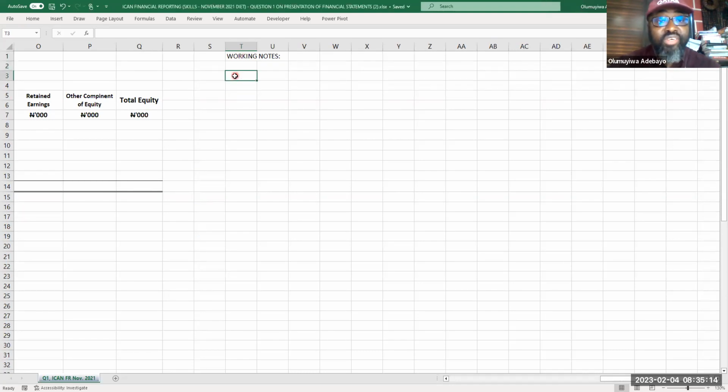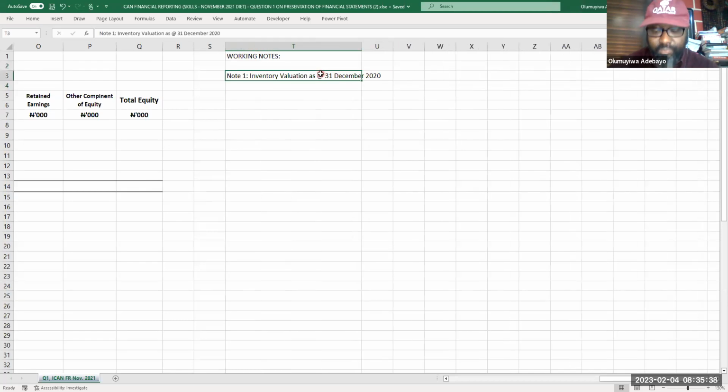Now, the first one we want to talk about is inventory. Note 1. Inventory valuation as at 31st December 2020. Now, what do they say about the inventory?